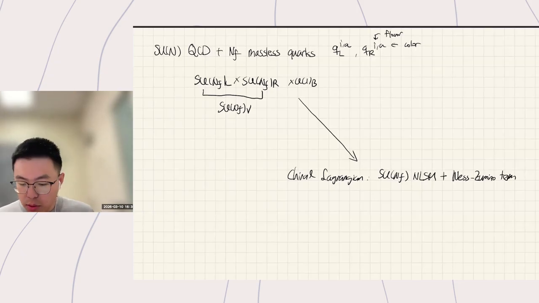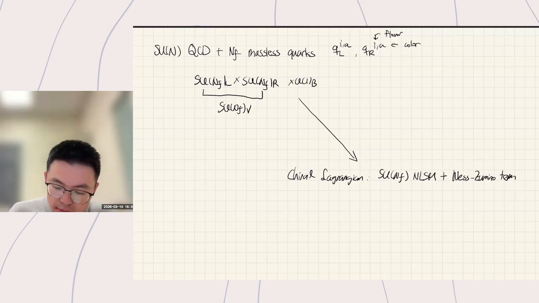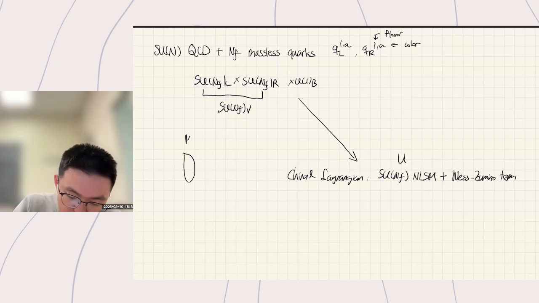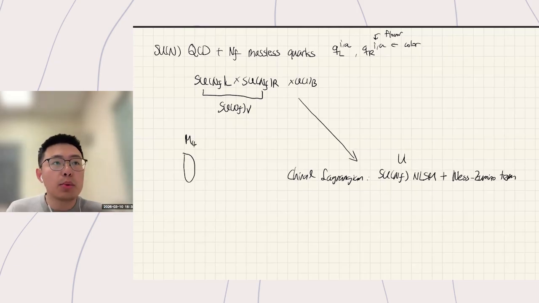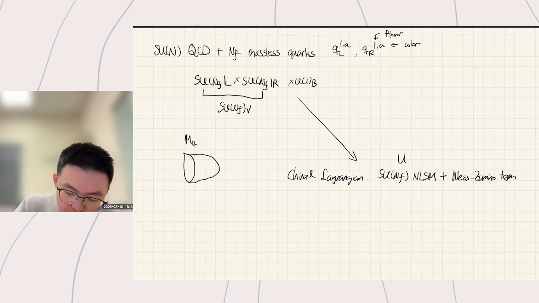So let me quickly recap how the Wess-Zumino term is defined. It is defined in a somewhat interesting way. Originally, the field that describes the nonlinear sigma model lives in four-dimensional space. But when we define the Wess-Zumino term, we extend this field into a five-dimensional space.